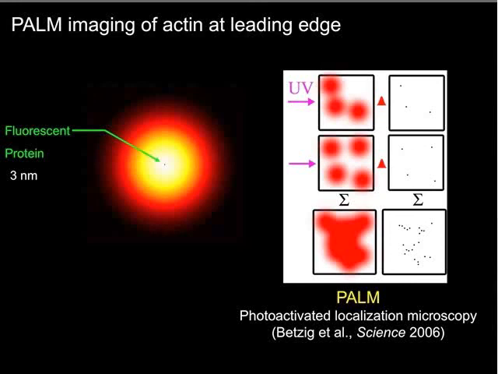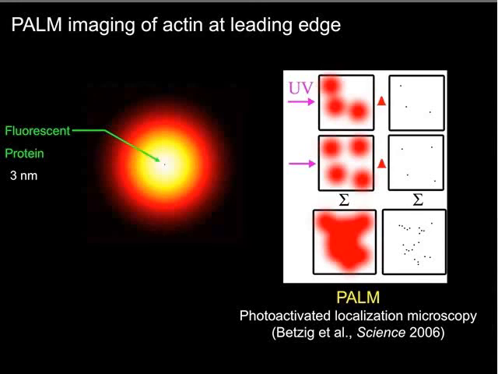The challenge, however, is isolating those molecules so that you can switch them on individually so that they're not overlapping. And that's what the technique of photoactivated localization as well as STORM is able to accomplish by sequentially photoconverting or photoswitching either the photoactivatable fluorescent proteins in PALM or the Cy3, Cy5 dyes in STORM on from the dark state and fitting in different time frames the distribution of these molecules.